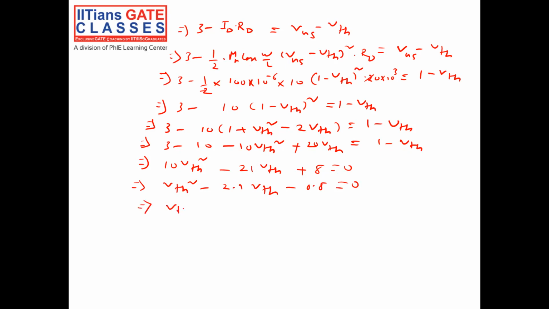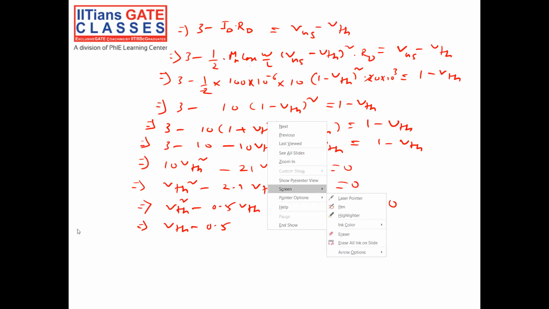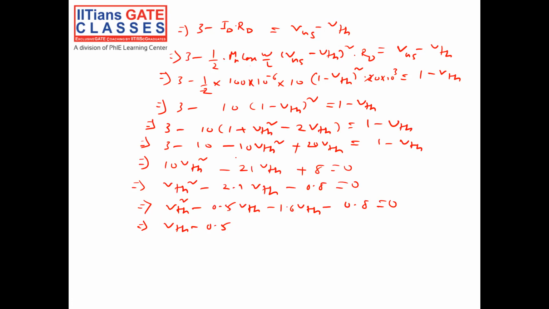This implies VTH minus 0.5 into VTH, let us do the partial fraction, okay, minus 1.6 VTH minus 0.8 equal to 0. Okay, what you have to do, if I take VTH common, I'll get VTH minus 0.5.